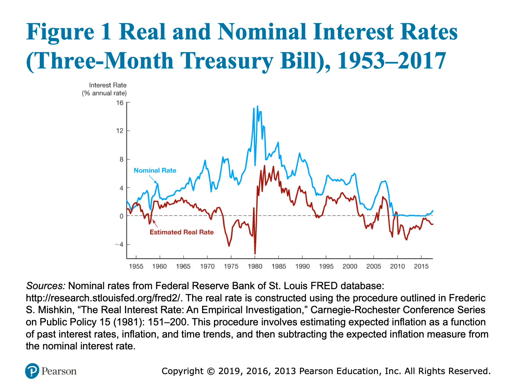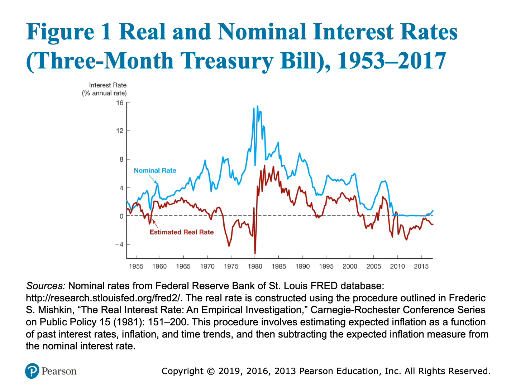So it can become a theory of the relationship between inflation and the interest rate. Let's go ahead and look at Figure 1, real and nominal interest rates on 3-month Treasury bills. We're using the same maturity to make these lines comparable, 1953 to 2017. We've got our nominal rate and our expected real rate, and as you should be able to tell from our previous Fisher equation, the gap between those two lines is pi e. So the difference between the nominal interest rate and the real interest rate is expected inflation.